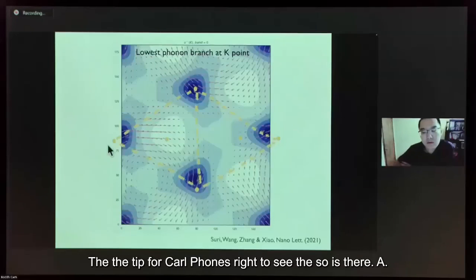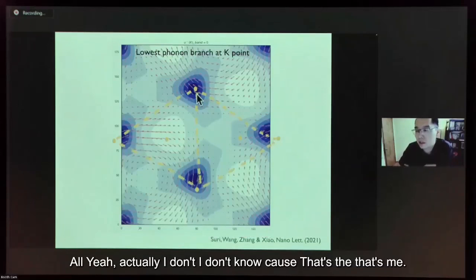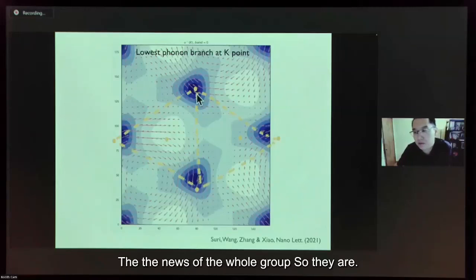One of the things is that I think some really high resolution X-ray measurement might be able to trace out the actual atomic movement, because that's really the beauty of these Moiré phonons. They are actually quite large in real space. It's a very expanded object.